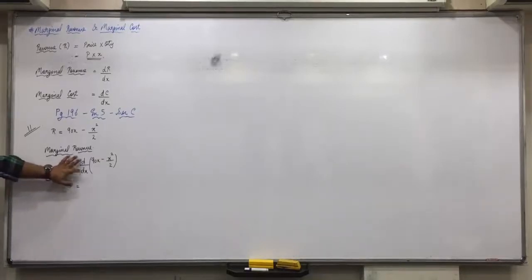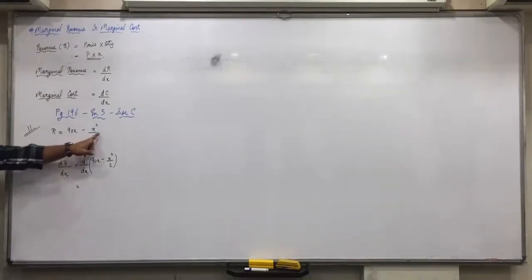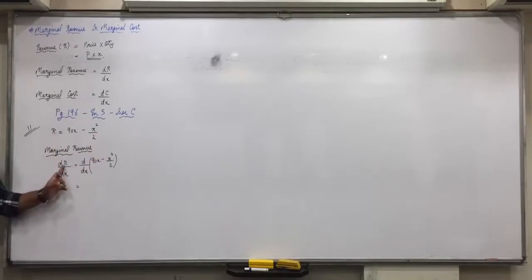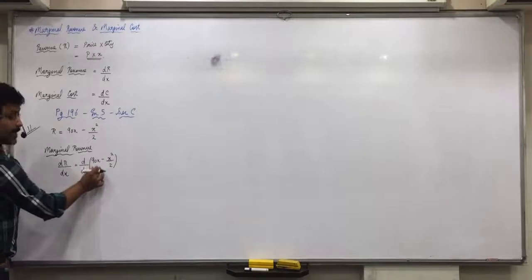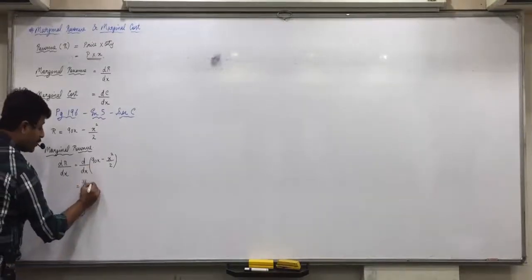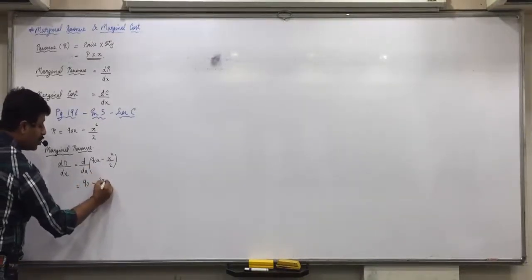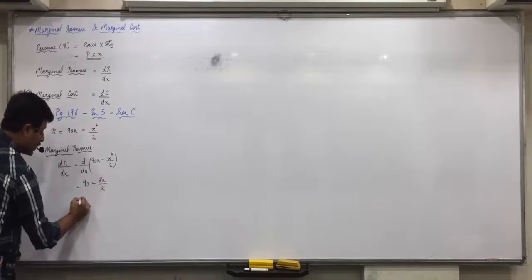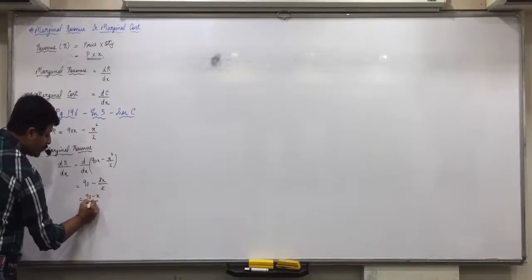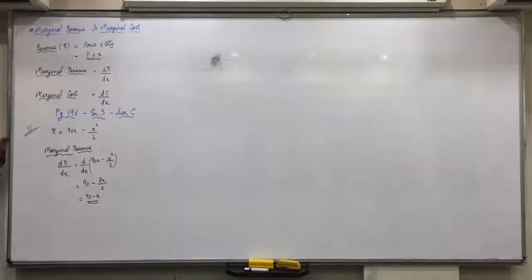So d by dx of, in place of R, we have 90x minus x square by 2. Now 90x will become 90. x square becomes 2x upon 2, the 2 gets cancelled. 90 minus x, this is the final answer. Marginal revenue is 90 minus x.